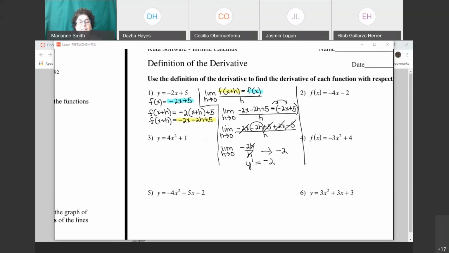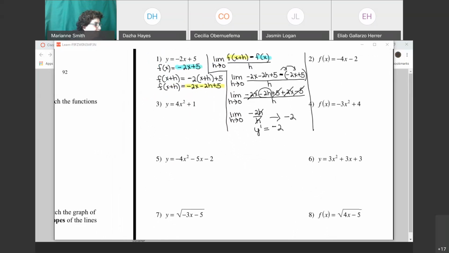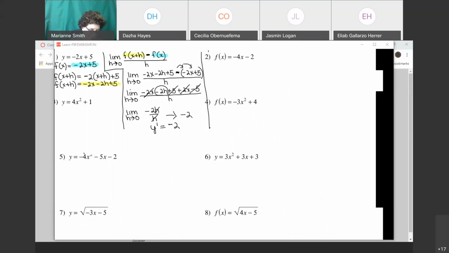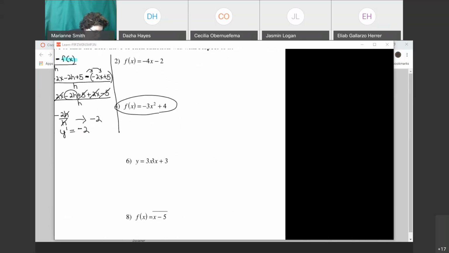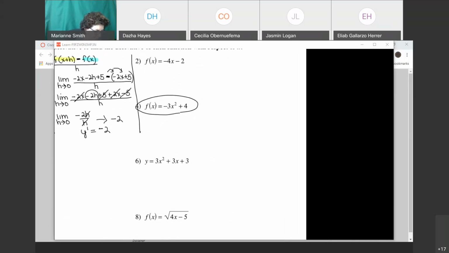So this isn't all that interesting with a linear function. Let me try it with a quadratic function. Let me try it over here. I'm going to copy this onto a separate sheet so you're comfortable with what I'm doing. So I'm just going to move over here and create a new sheet.